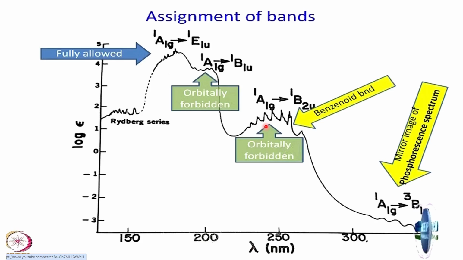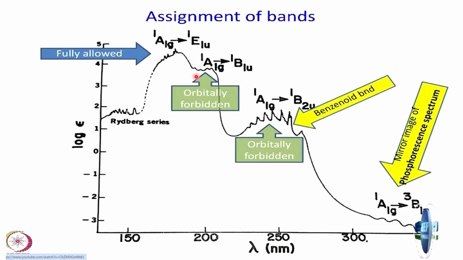Do you have any confusion so far in assigning these bands? No, it is clear. That also is clear, why they have started with the benzenoid band? Because these features are well visible in the benzenoid band and not that much visible in the other, only.